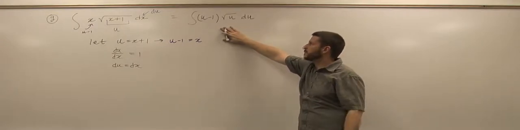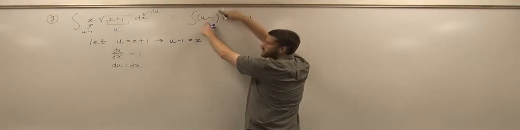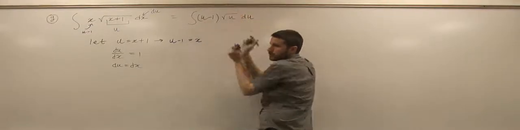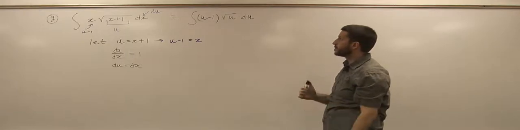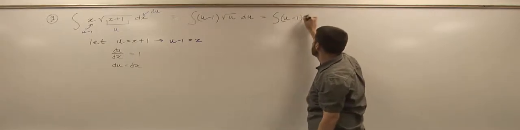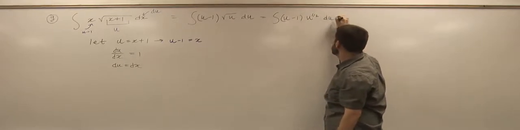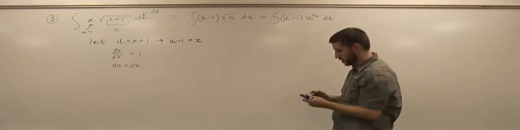I know it doesn't look like we've done much. But now that the u minus 1 doesn't have a power, I can distribute. I'll think of this as u minus 1, u to the 1/2, and then distribute into the parentheses.